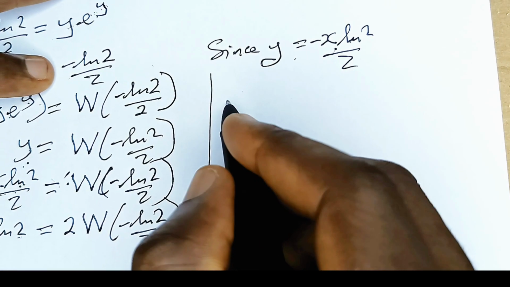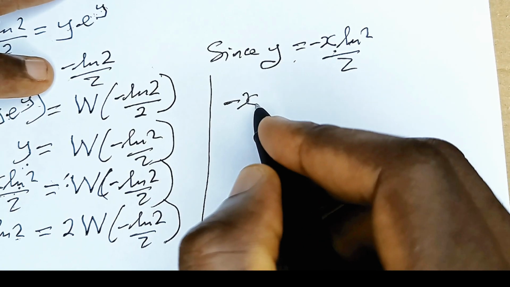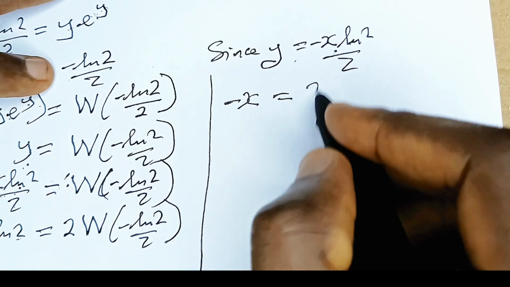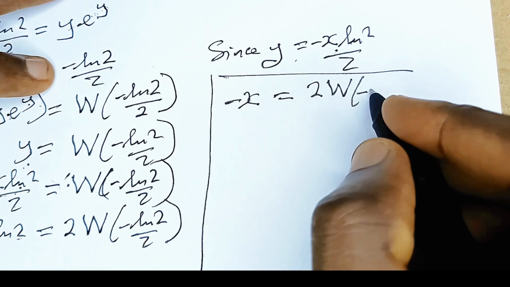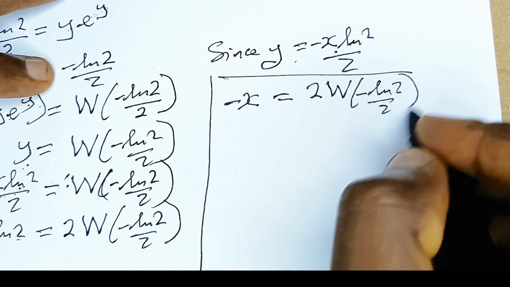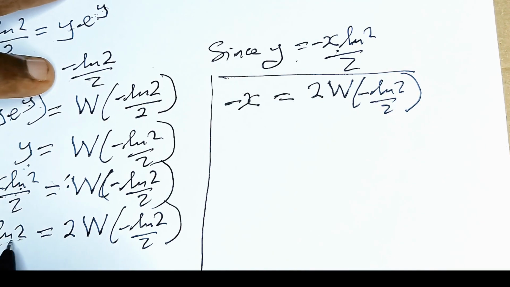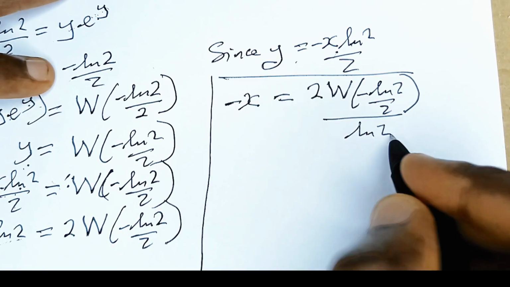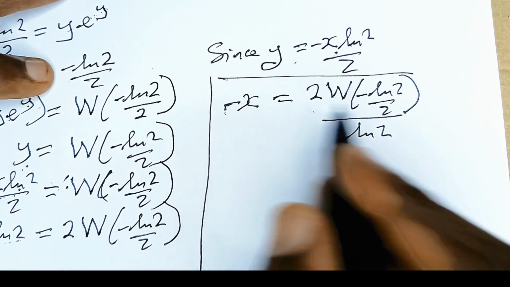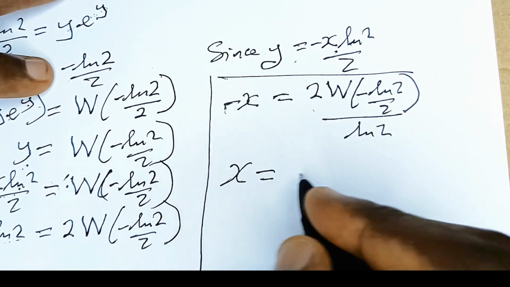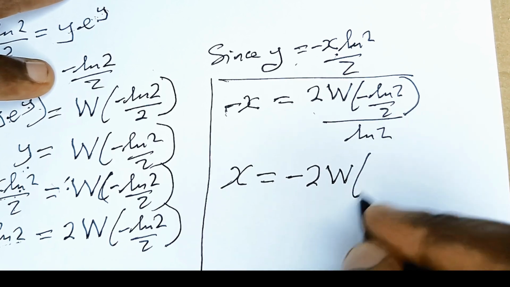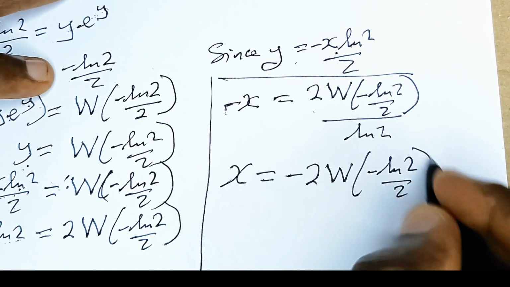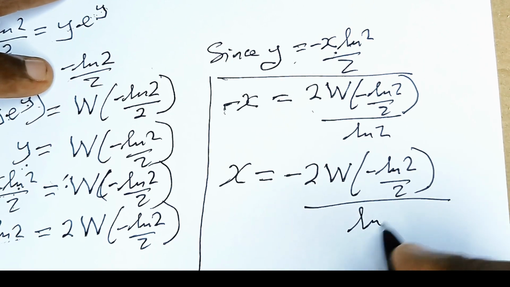So we are left with minus x is equal to 2 W function of minus ln 2 over 2. Since we have divided by ln 2, this minus has to go to this side. So our answer will now be x is equal to minus 2 W function of minus ln 2 divided by 2, all over ln 2.